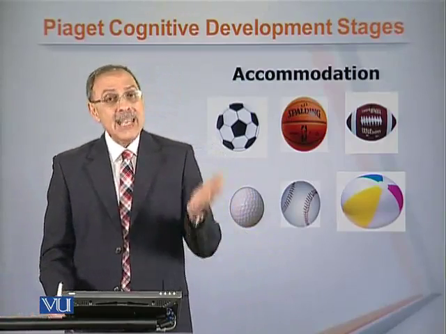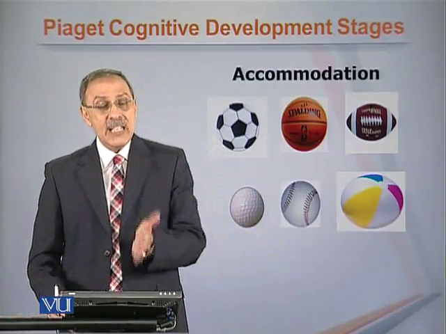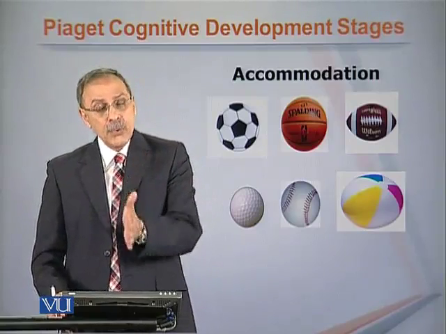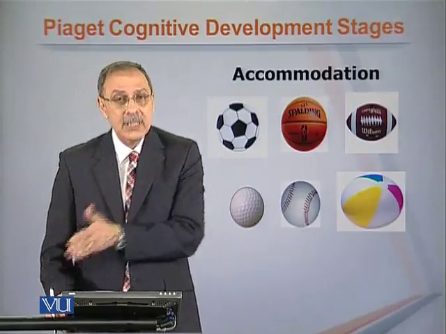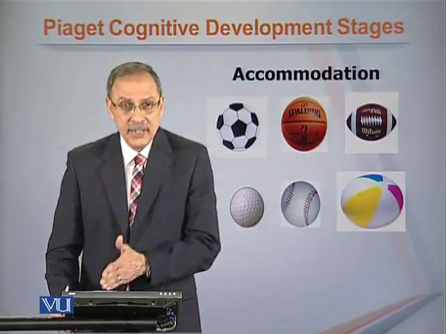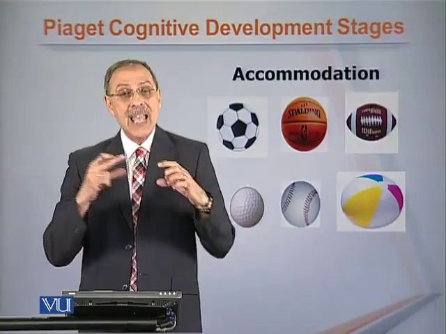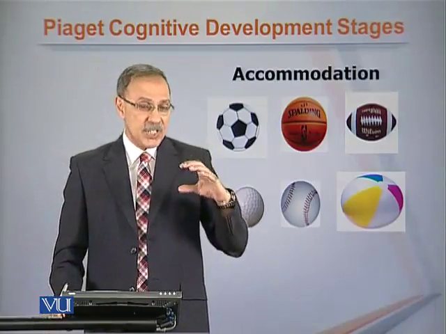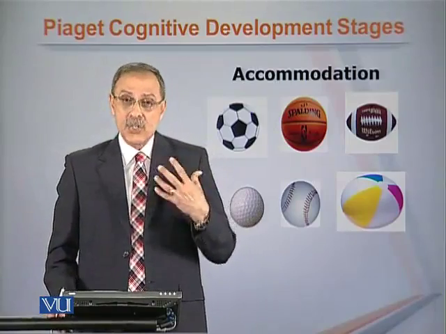So, if the child can make these varying accommodations to accommodate new things as they come about, the child is learning. And assimilation and accommodation both happen during the sensory motor stage, the early years of learning.